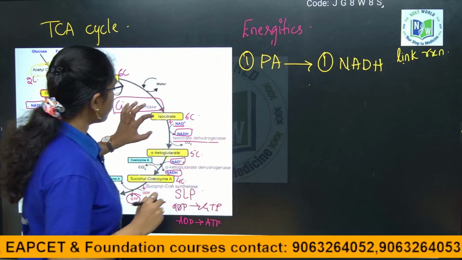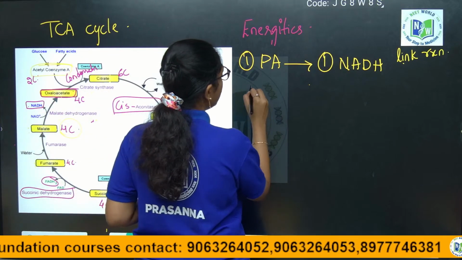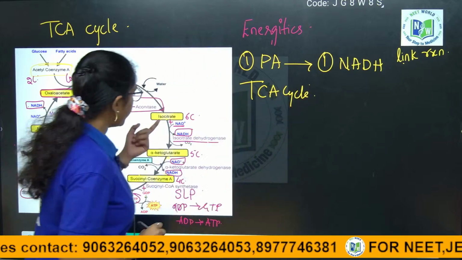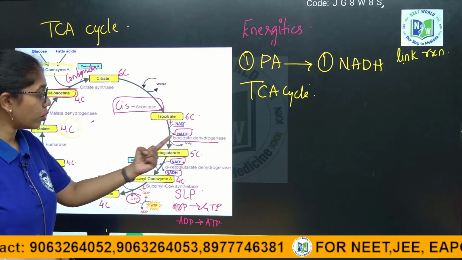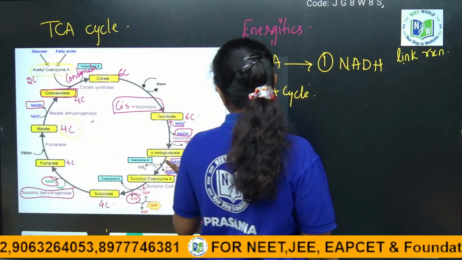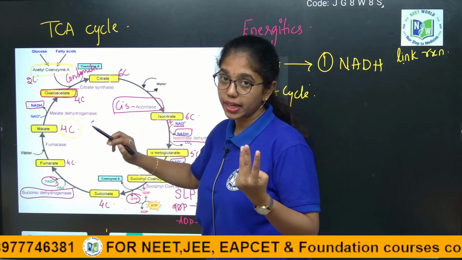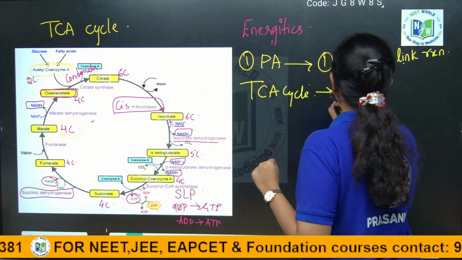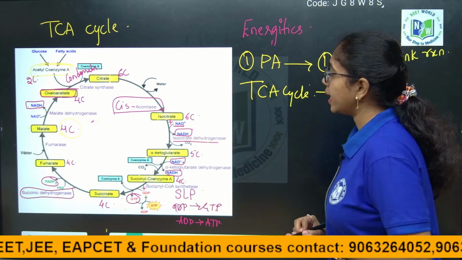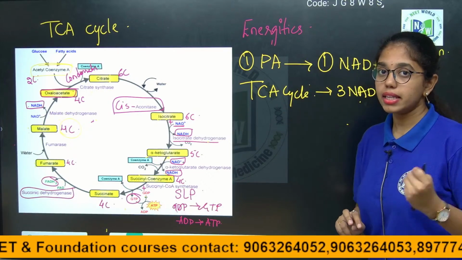From isocitrate to alpha ketoglutarate in the TCA cycle, one NADH is released; alpha ketoglutarate to succinyl coenzyme A, one NADH; and malate to oxaloacetate, one NADH. So, a total of 3 NADH are formed. If you are asked about one acetyl CoA, then you have to answer 3 NADH.